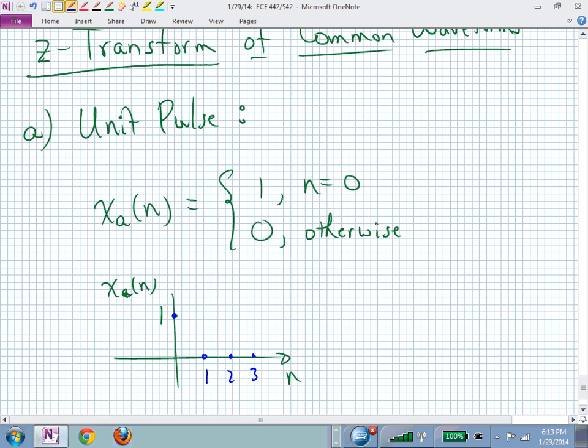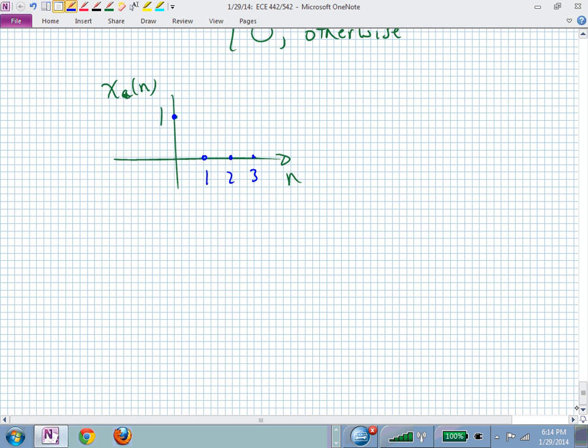It's just 1 right at n equals 0, and it's 0 everywhere else. And we want to know what's its Z transform. Well, we can just use the definition, and let's just look at one-sided for now.